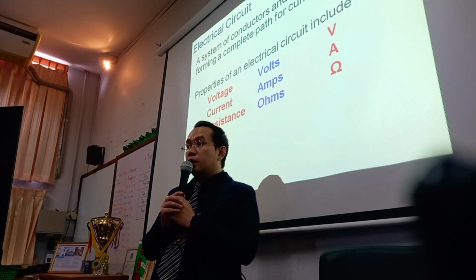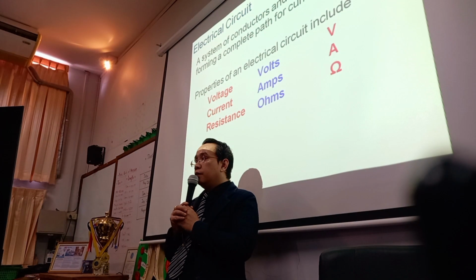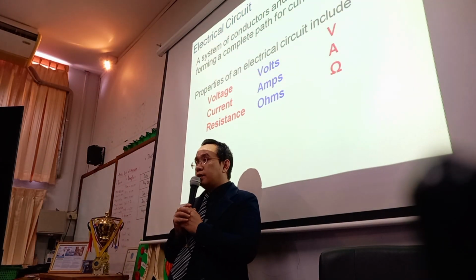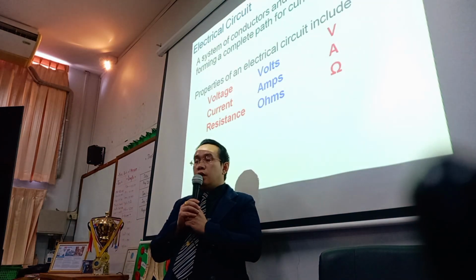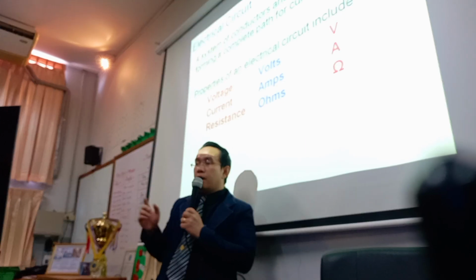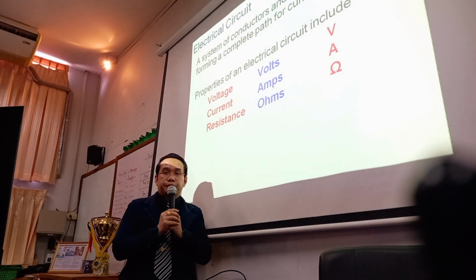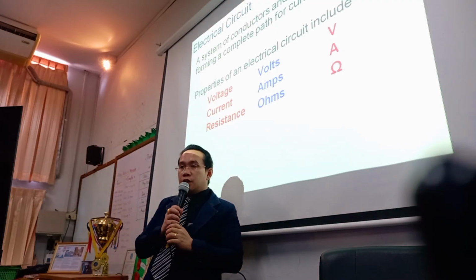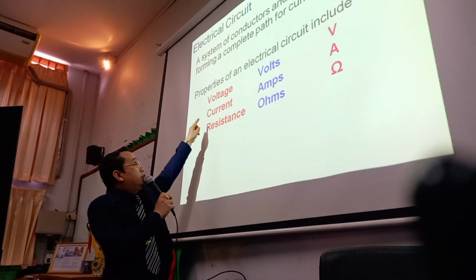So let's now focus on the unit and symbol for electrical circuit. A circuit is a system of conductors and components forming a complete path for current to travel. Okay, take note of this. Properties of an electrical circuit include, one, what is this?